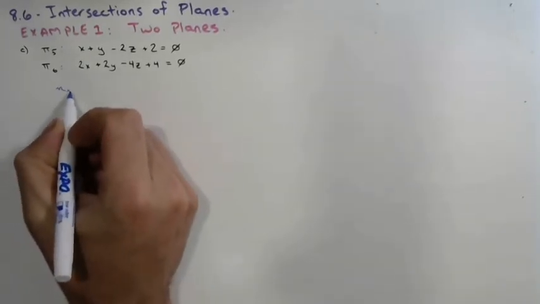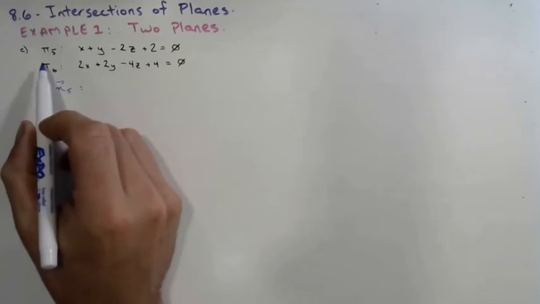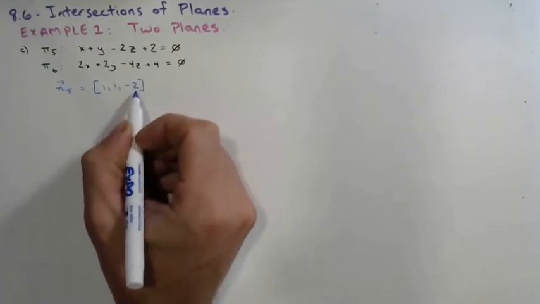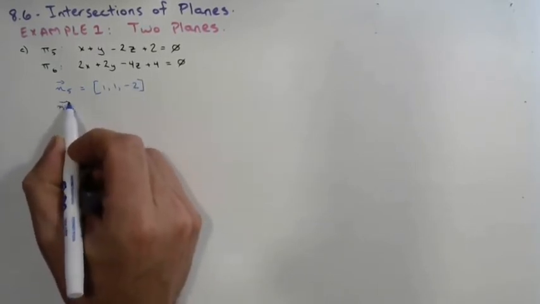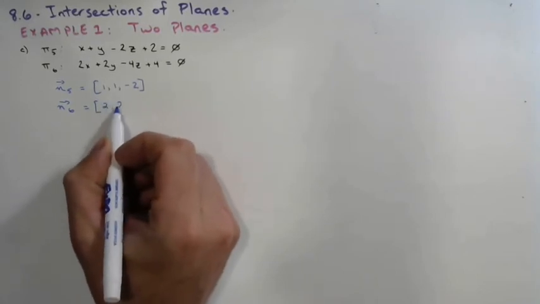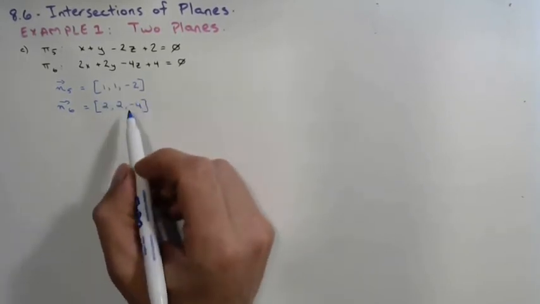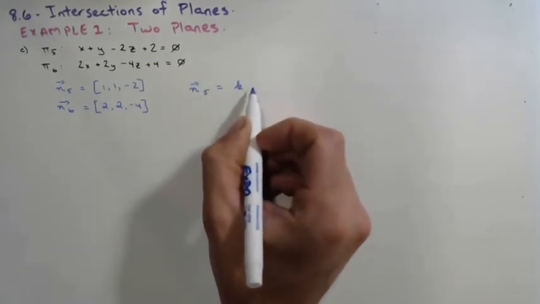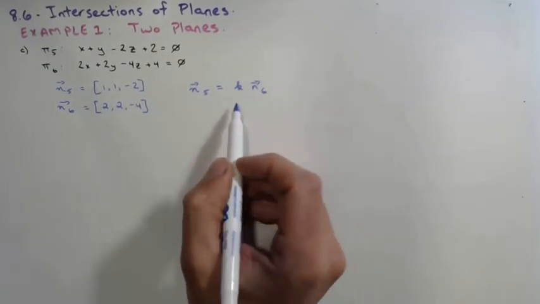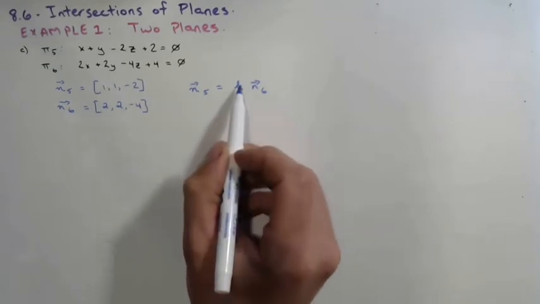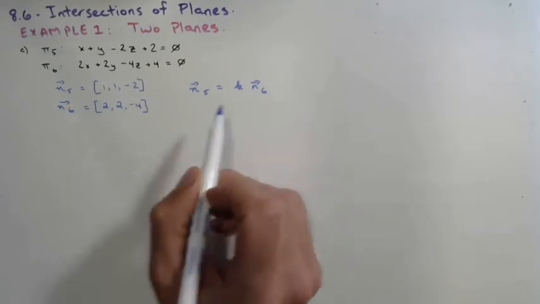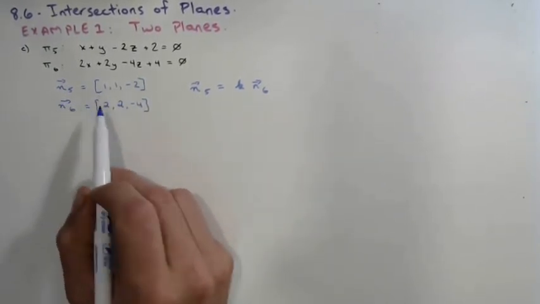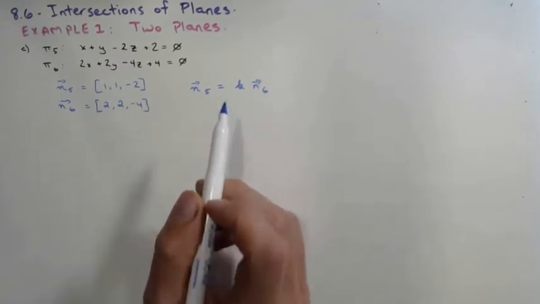So we've got the normal vector for plane 5, which is 1, 1, negative 2, and the normal vector for plane 6, which is 2, 2, negative 4. They are scalar multiples of each other. N5 equals k times N6. You'll notice it doesn't matter which one I write where. I can multiply N6, even though it has bigger numbers, by 1/2 to get the coordinates of N5. So it doesn't matter which way I write this. It's true both ways.